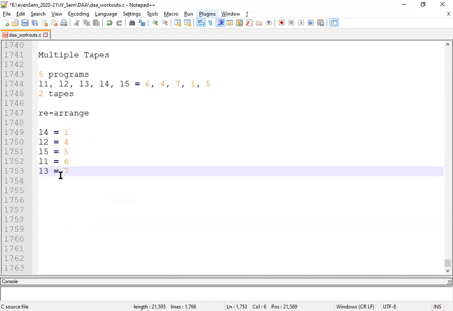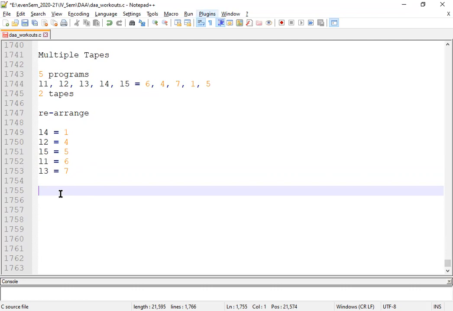We have rearranged them in ascending order of their lengths, because we know that if we arrange them in ascending order, we get the optimal solution. The retrieval time is less if we arrange them in ascending order.